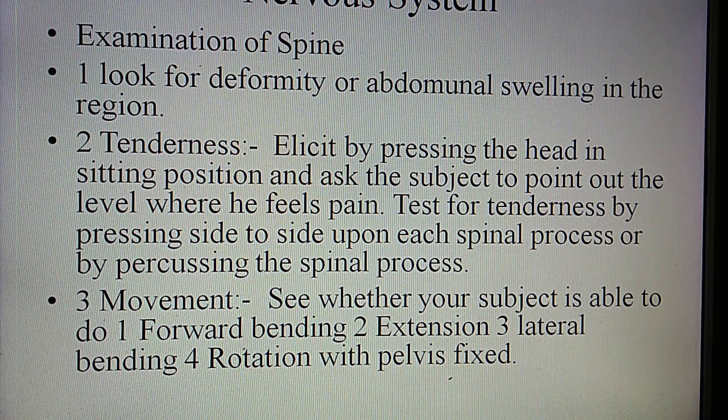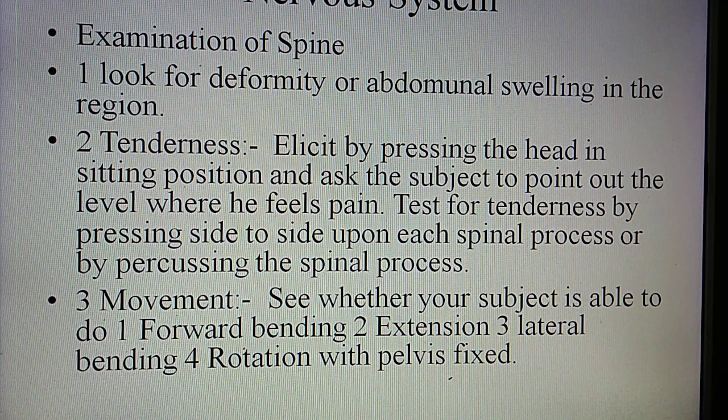So whenever we do joint examination, the same things can be repeated, and whenever you go for this examination, be sure that you are checking both the joint examination as well as the nervous system examination.